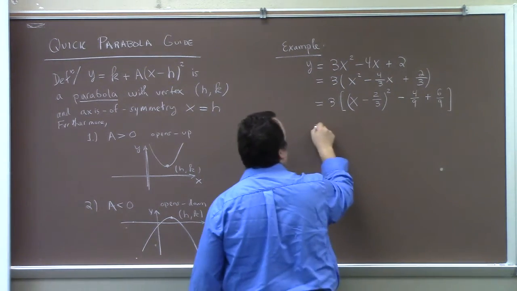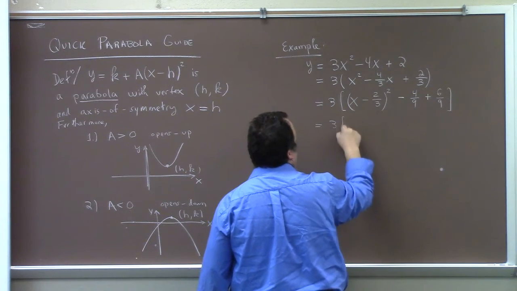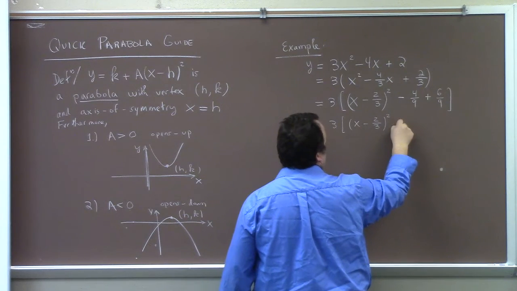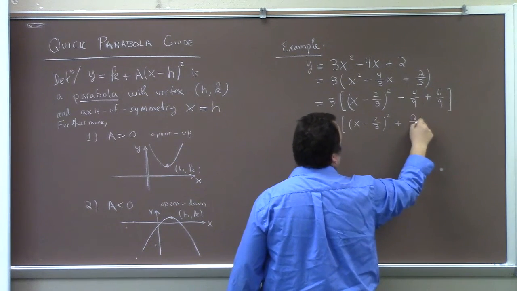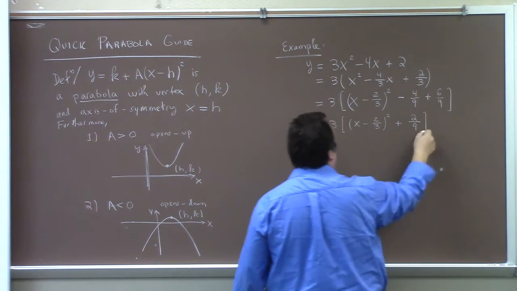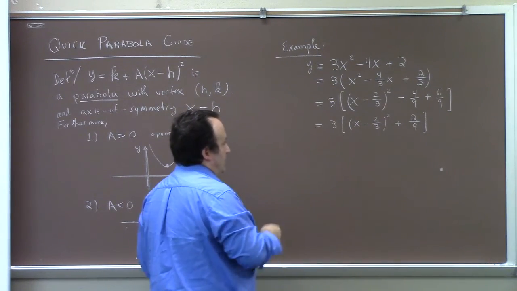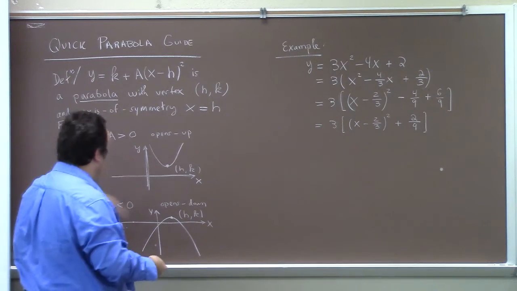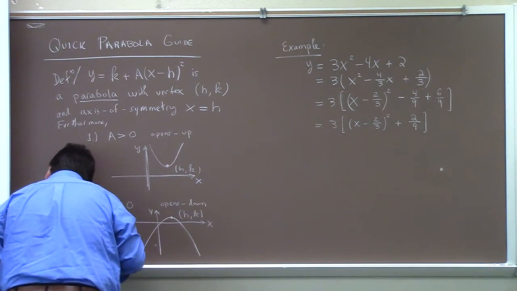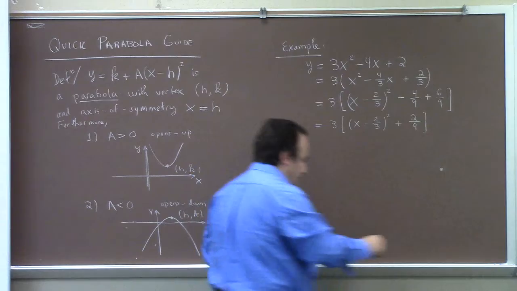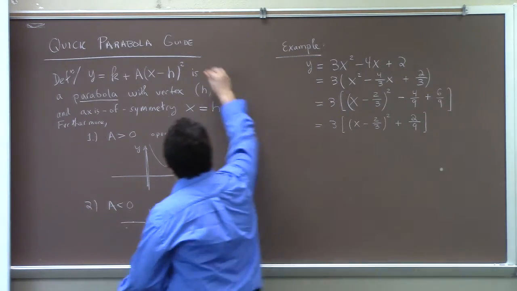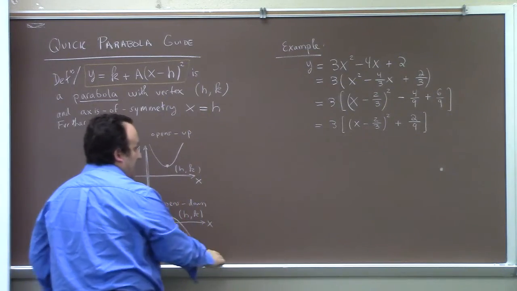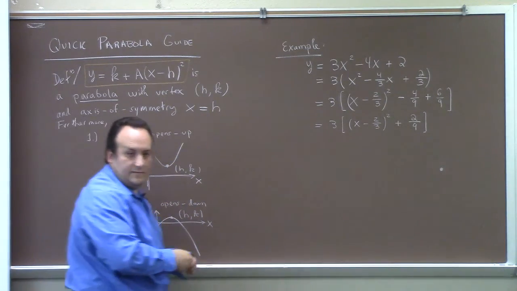So we have 3 times (x minus 2/3) squared plus 2/9. And to get back to my template, my go-to formula here, I need to distribute, right?